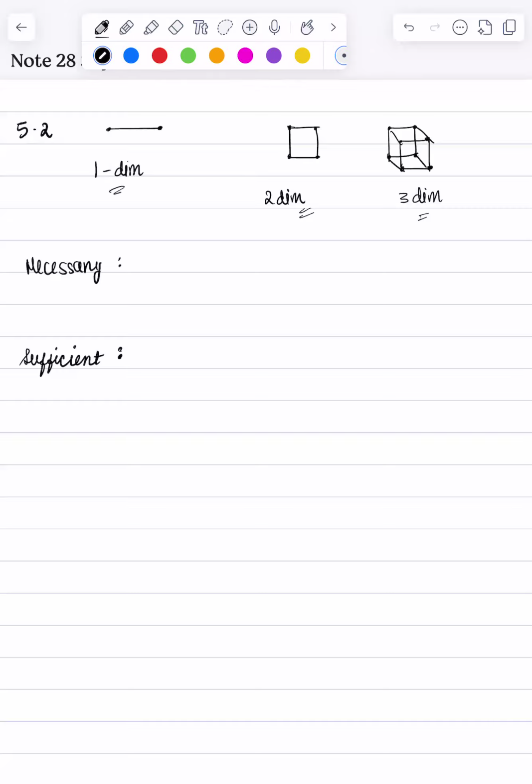So why is it necessary? Because every vertex is connected to n vertices.